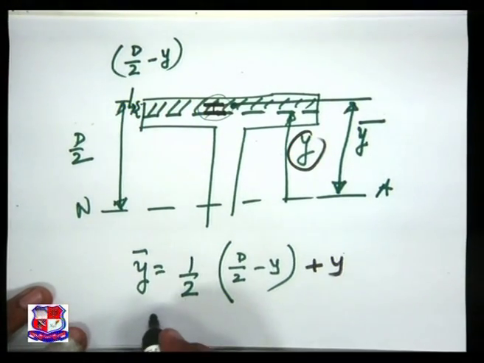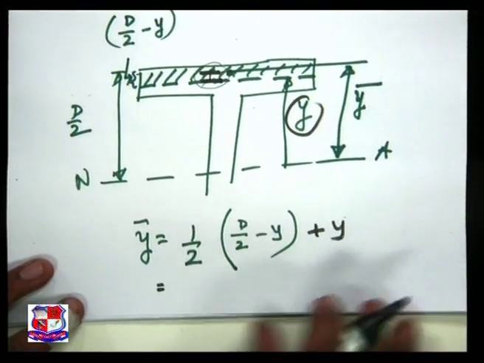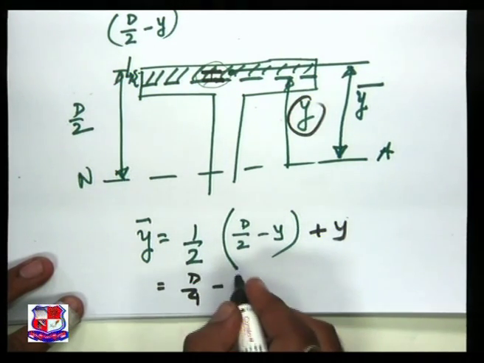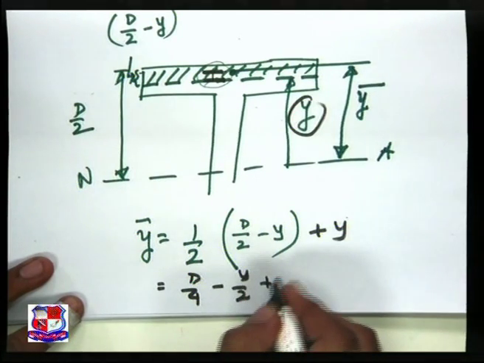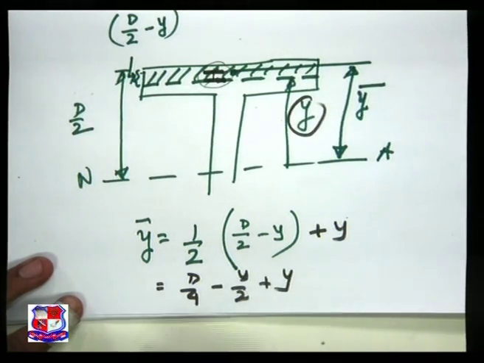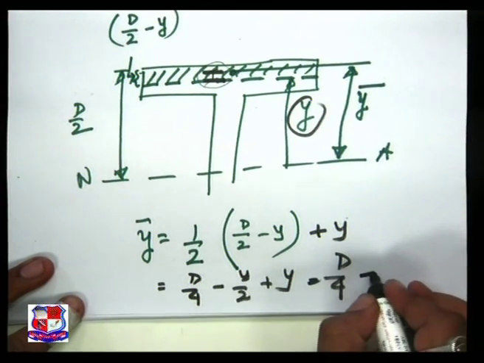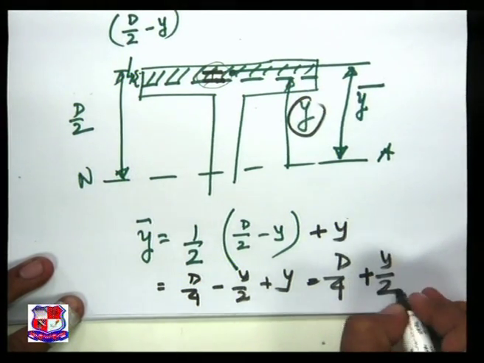If you simplify this, you get d by 4 minus y by 2 plus y, and d by 4 plus y by 2.